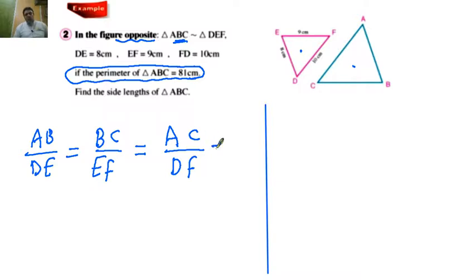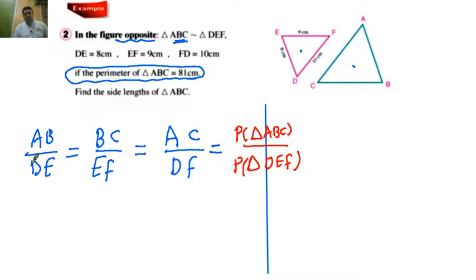This ratio equals the scale factor, and also equals the perimeter of triangle ABC over the perimeter of triangle DEF. That is the scale factor or the common ratio.